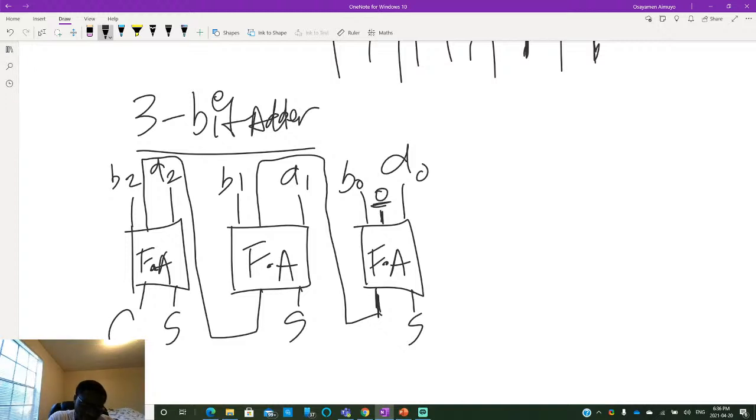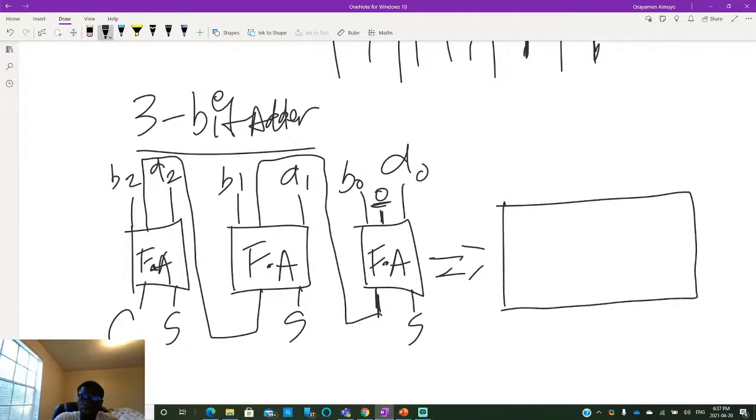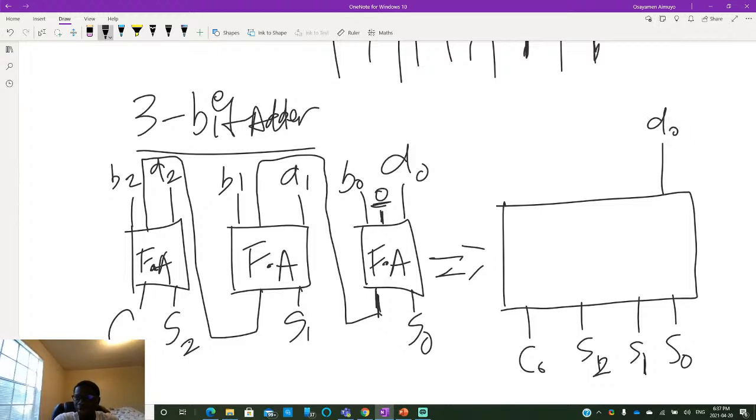And then you could abstract away these details by doing something like this. So you just have C0, and the outputs S2, S1, and S0. And for the inputs, you would have A0 and so on and so forth.